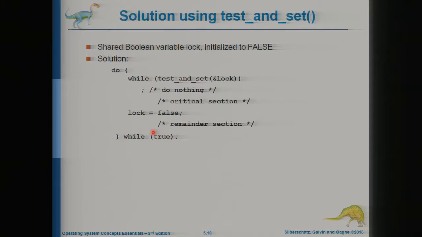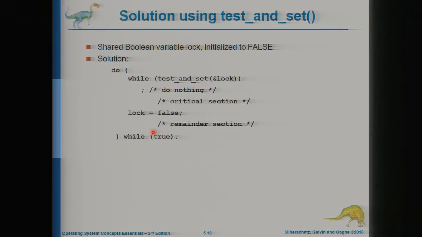What does it mean? If the lock is false, only then can you enter the critical section. Once the lock is made true, any other process that comes to this instruction will see that the lock value is now true. So this is not false now.